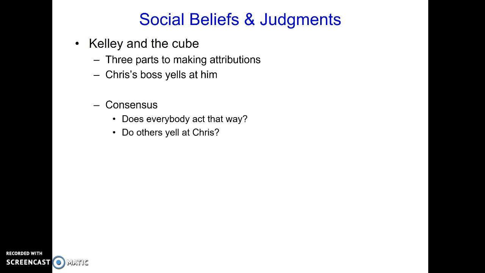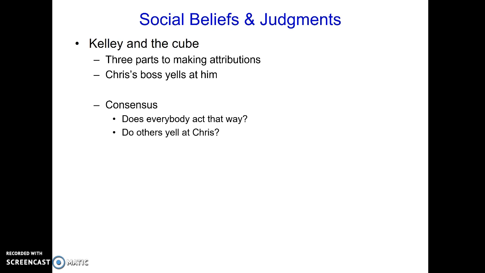So if you walk up to the psych department, do you see Natalie Goubet, Steve Civi, any other psych professor, is everyone else yelling at me, or is it just Kathy Kane? And what you do is you give it a judgment. You rate it high or low. If it's high, everyone's yelling at me. If it's low, only Kathy Kane is yelling at me.